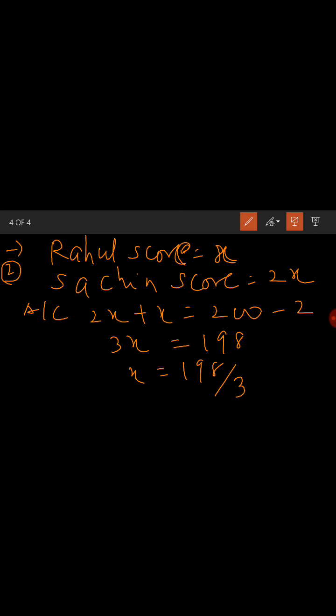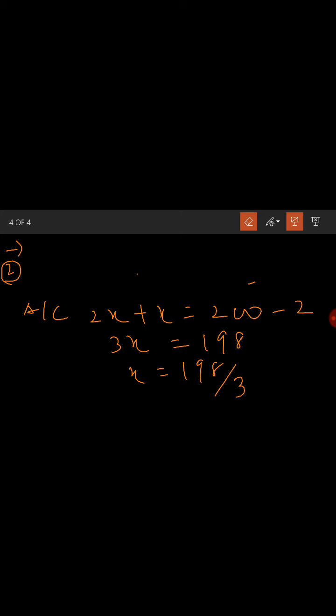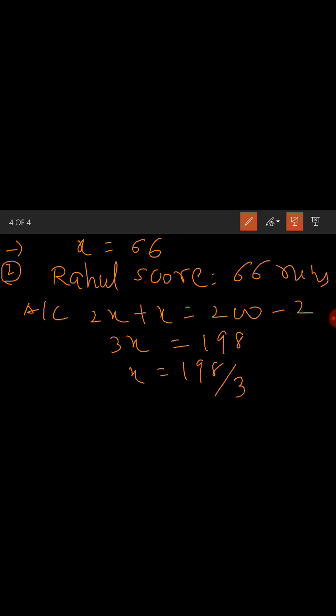Okay, let me rub the top line. So after division, what will you get? x is equal to 66. Now whose score was x? Rahul's score. So Rahul's score is 66 runs. And what is the condition for Sachin? Twice.